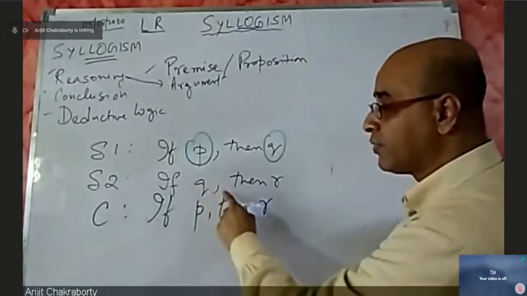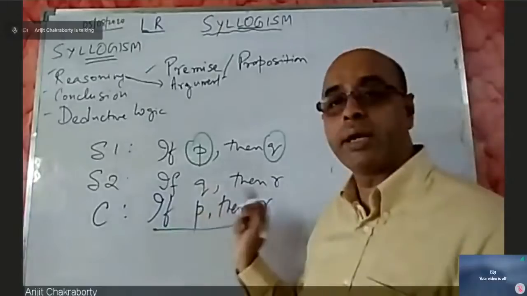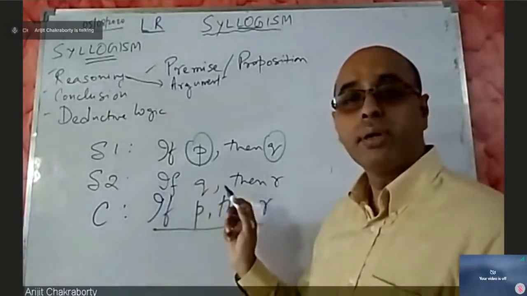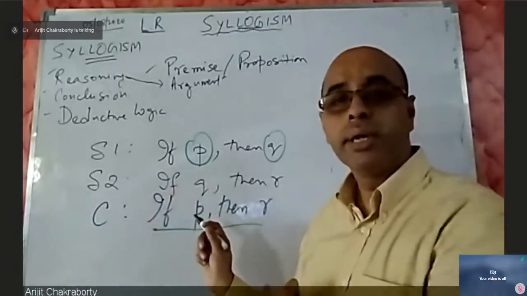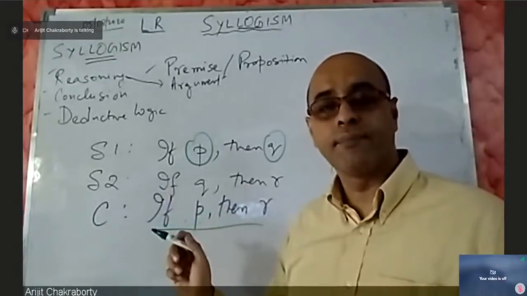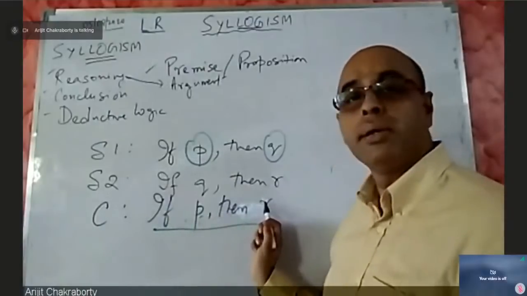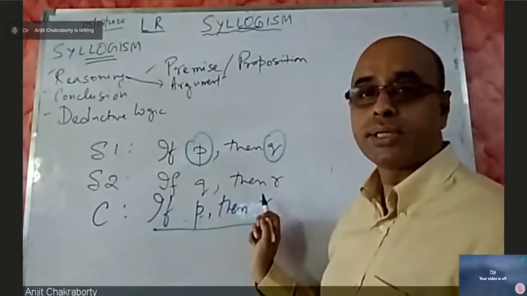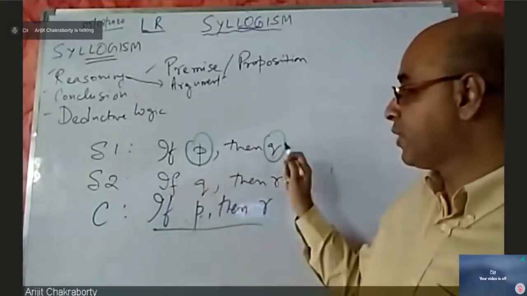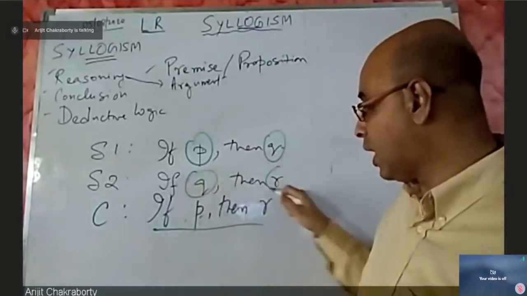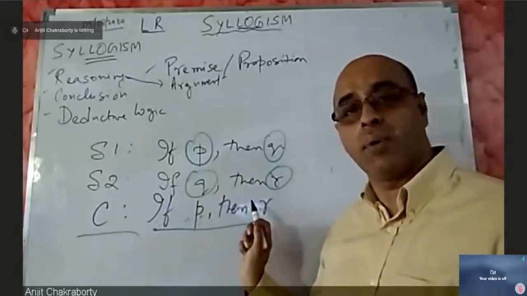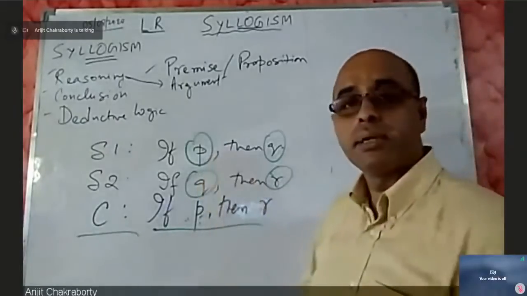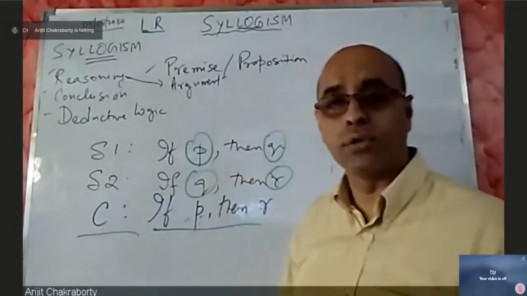So, if you combine them, the conclusion will be if P then R. That means if corona spreads extensively, becomes community spreading, then lockdown will be extended. So once again I am explaining, if P then Q, if Q then R, then the conclusion is if P then R. Once again, P is spread of corona, COVID.